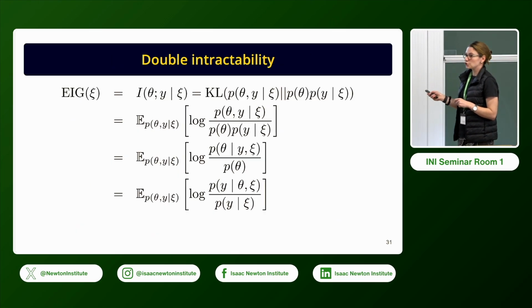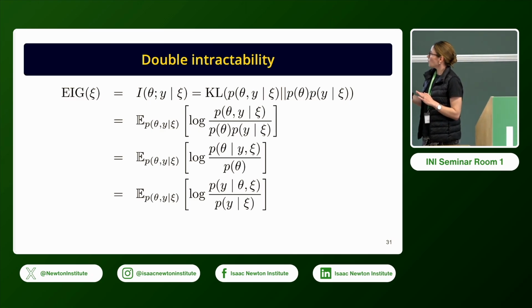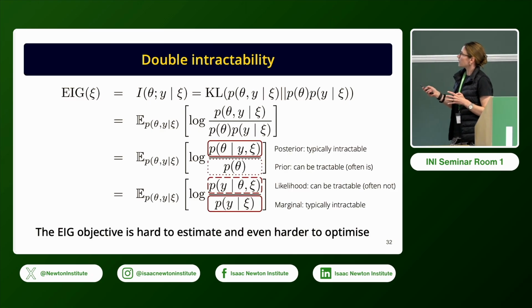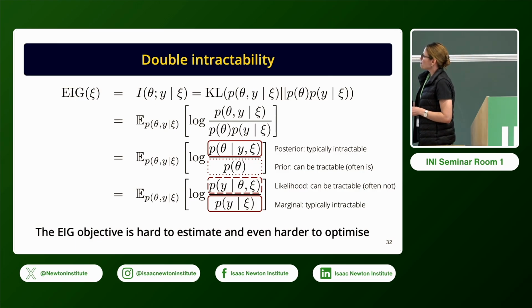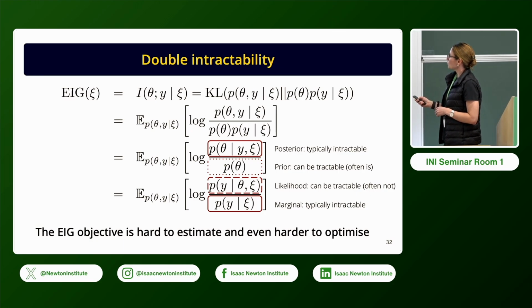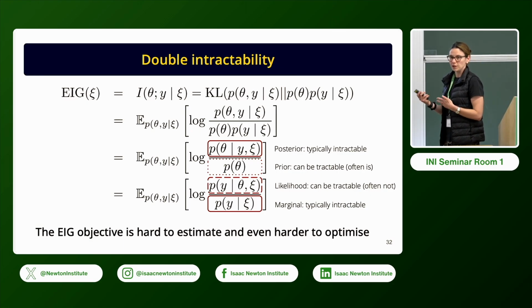But regardless of all of the gymnastics that you do, you always end up with something that is a doubly intractable quantity, right? And so what do we mean by that? We have an expectation, and inside the expectation we have quantities that are also intractable, right? So for instance, if we pick the posterior over prior formulation, the posterior is typically intractable for general classes of models.